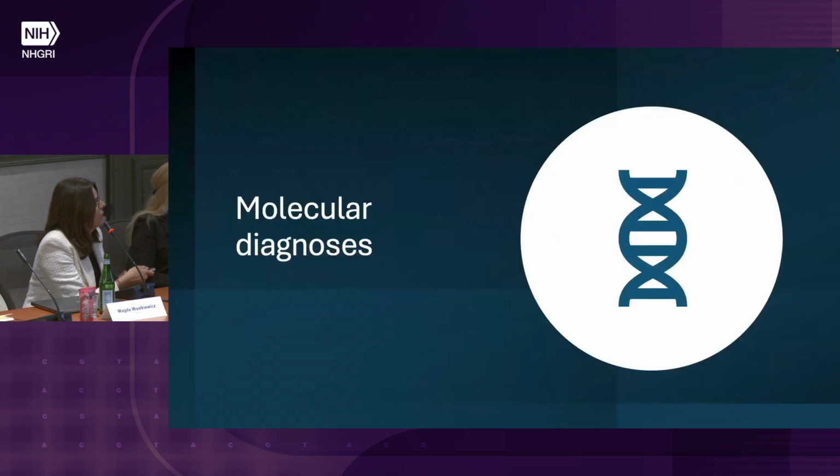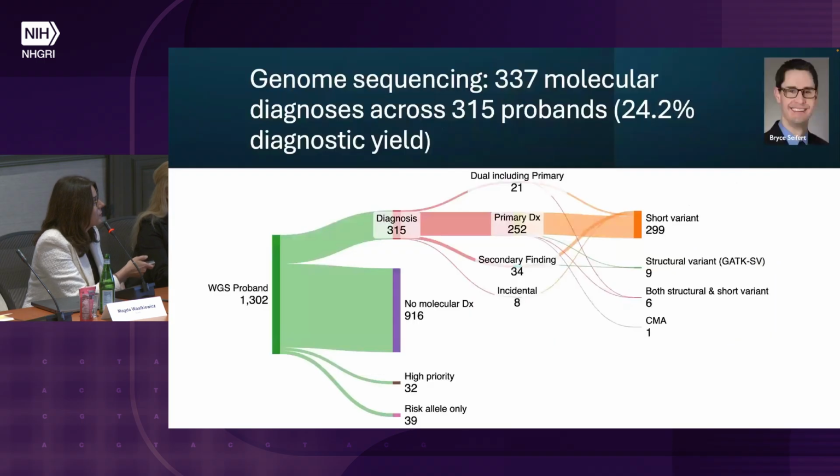So let's talk about molecular diagnoses. I just wanted to mention that our exome and chromosomal microarray data has been published, and those were the two PMIDs on 2 slides before, so I'll just focus on the recent work performed by one of our molecular geneticists, Bryce Seifert, where he looked at 1,300 individuals that were referred for genome sequencing recently.